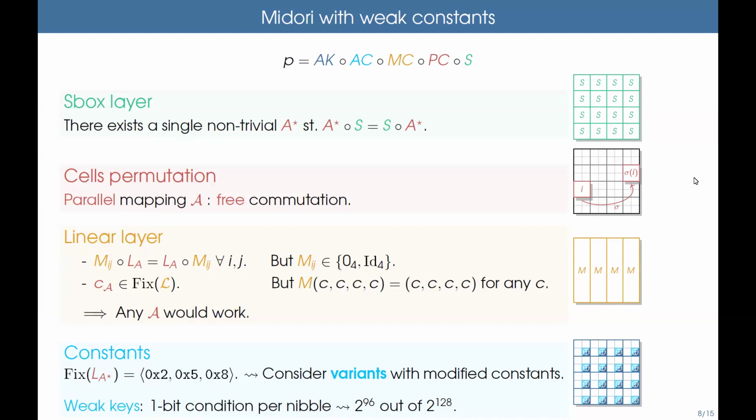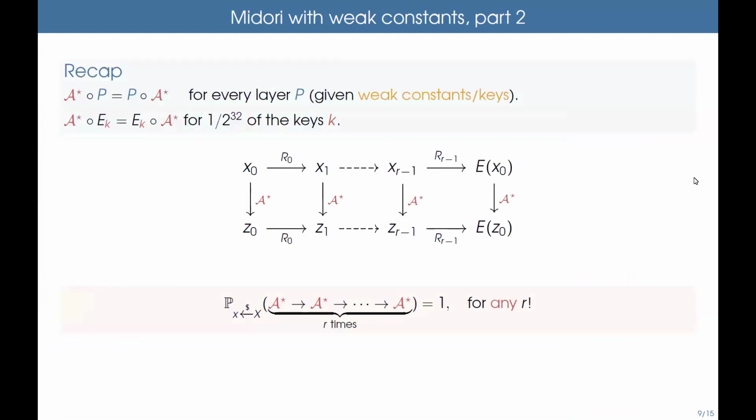We will say that a key is weak if all of its nibbles belong to this fixed point set. So this gives us 2 to the 96 weak keys. And if we sum up what we just said, the parallel application of A star actually commutes with any layer of the Midori round function. So it commutes with the round function, and it actually commutes with any number of round functions, given that we are using weak keys and weak constants.